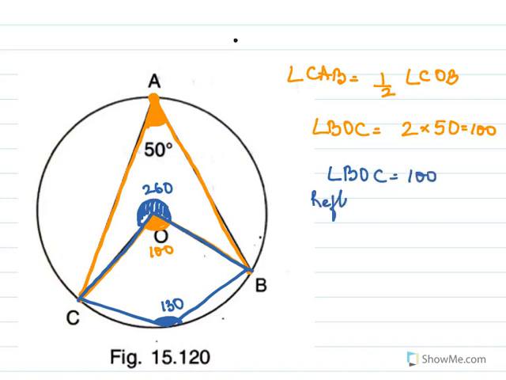Therefore reflex BOC will be 260, 360 minus 100, and this is connected to angle, I put this as say P, CPB, which will be half of 260, 130.